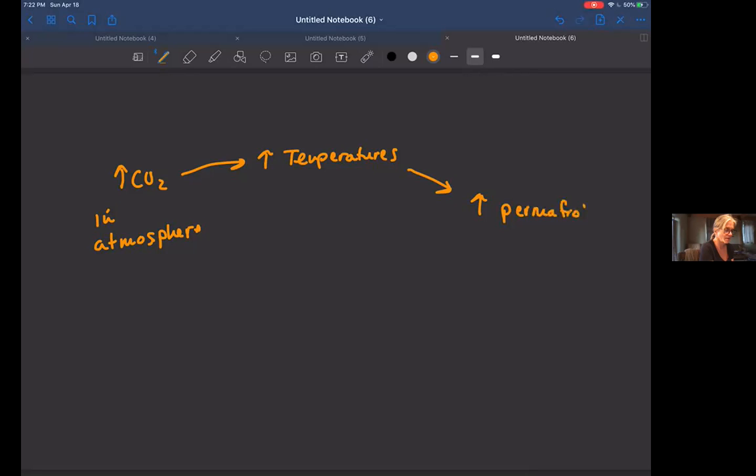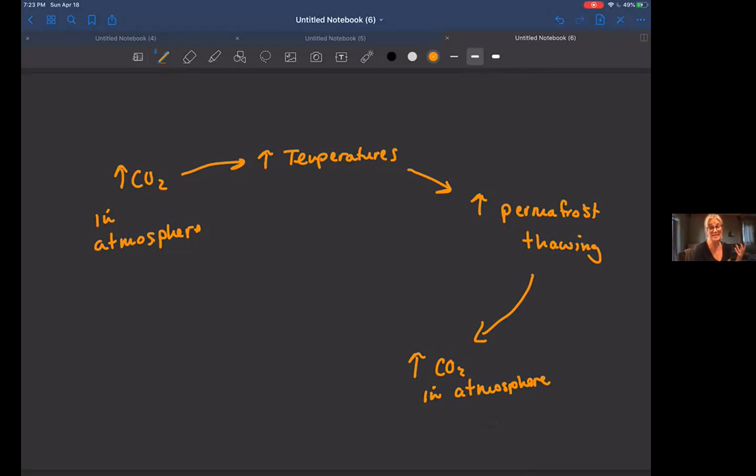This thawing of the permafrost could then therefore increase the amount of CO2 in the atmosphere as carbon dioxide is released. So now we have a positive feedback.